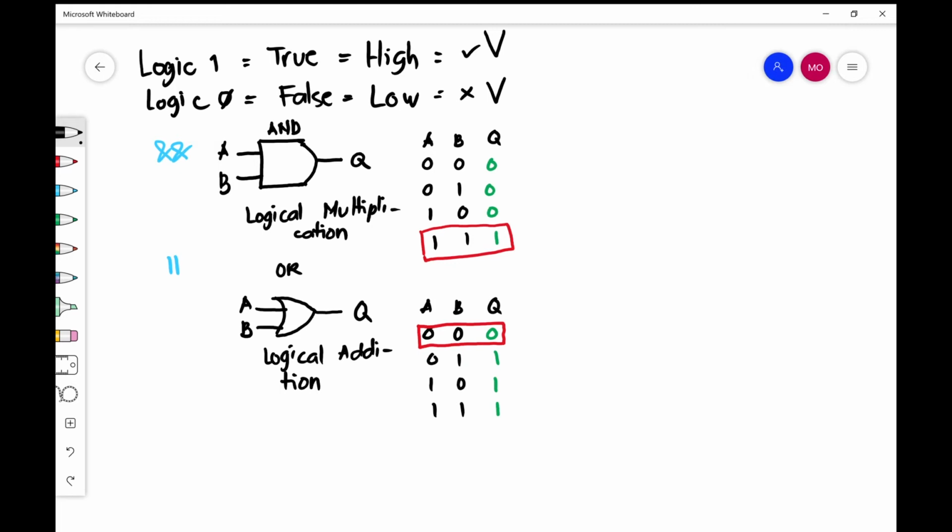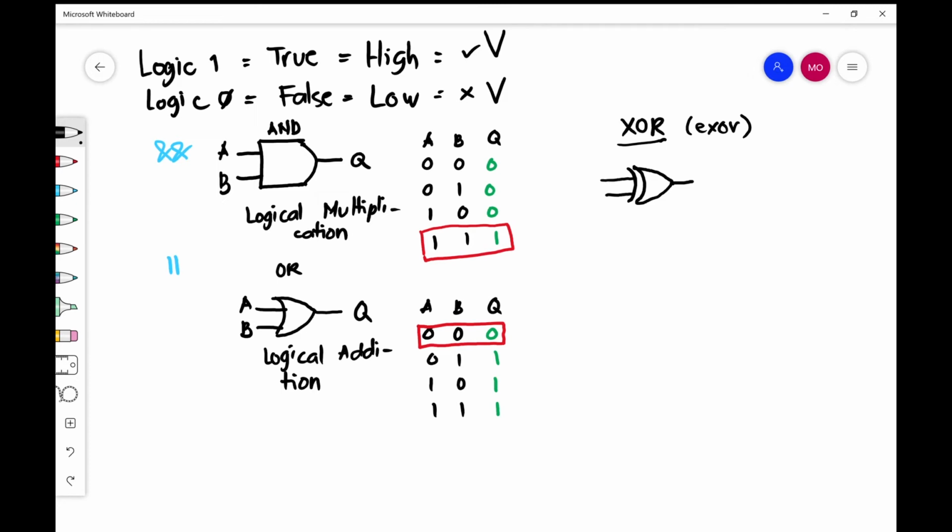Another gate is the XOR gate or the exclusive OR. Some books would say EXOR, but we'll use this three-letter word. Exclusive OR has the following symbol. It's like your OR gate, but there's a symbol for exclusivity, which is this one.